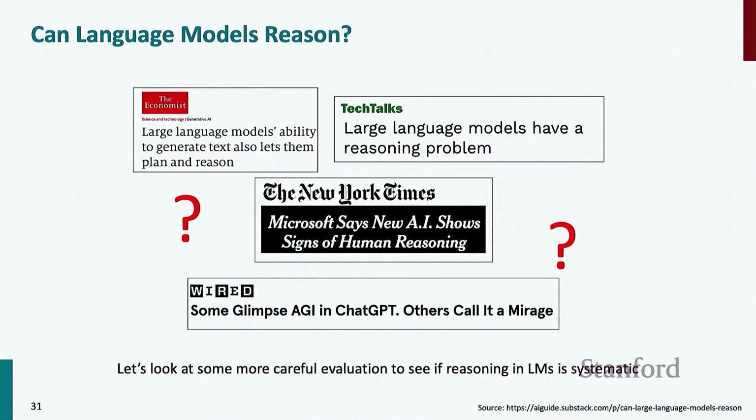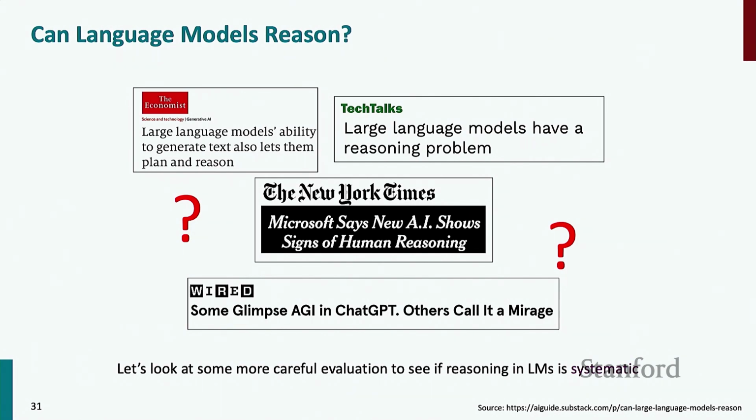But let's kind of start revisiting the question that we asked in the beginning about reasoning in language models. Okay. So one way of answering that question is we can apply all these methods and we can look at benchmarks.